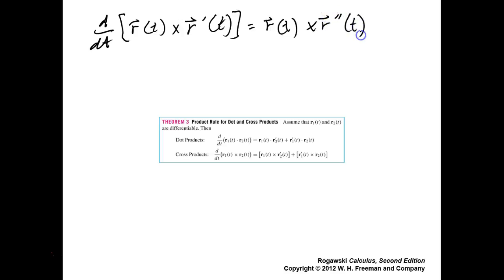Now, just looking at it, it wouldn't look like there's any reason for that to be true. Would it? But let's do it and see.